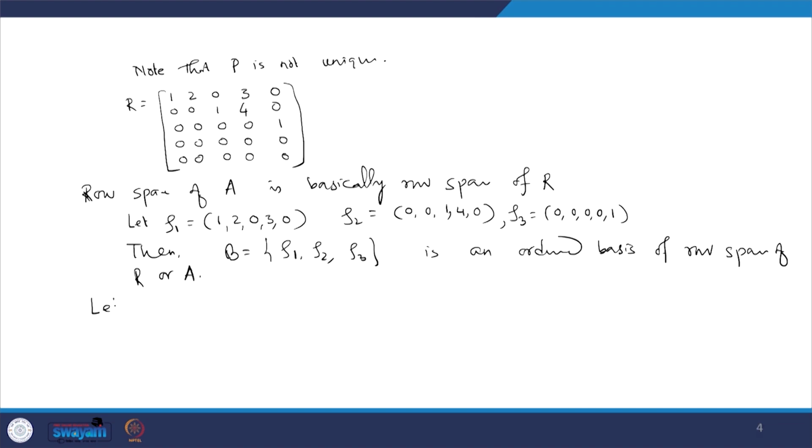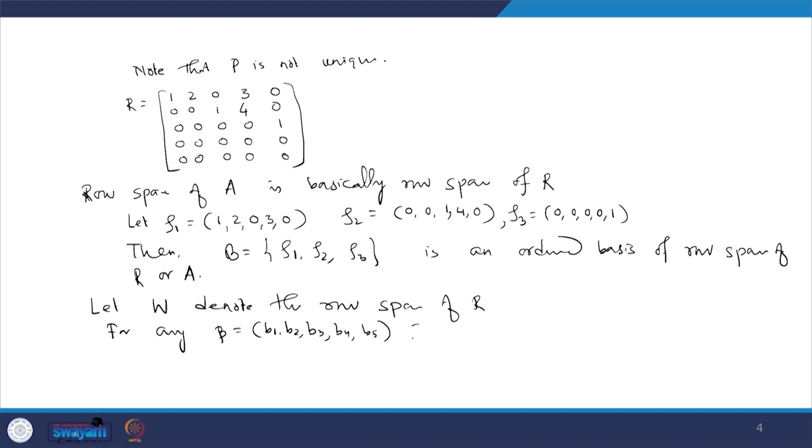Let W denote the row space of R. For any beta equal to B1, B2, B3, B4, B5 belonging to W, I will be able to express beta as a linear combination of row 1, row 2, row 3.